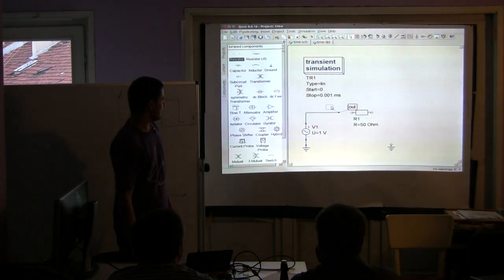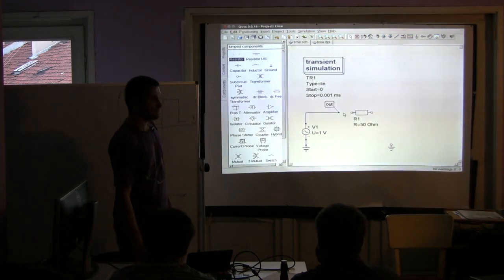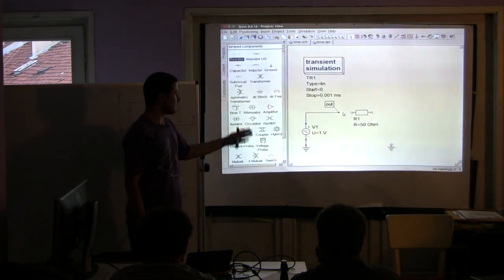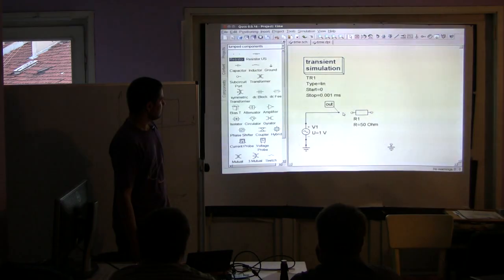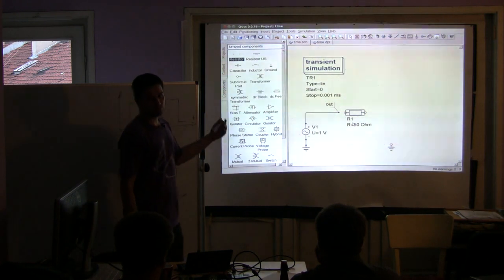If you want, you can use it as a voltage divider. If we place two resistors and take the output from one of them here, it will divide the voltage.